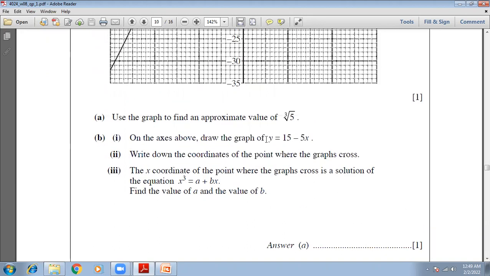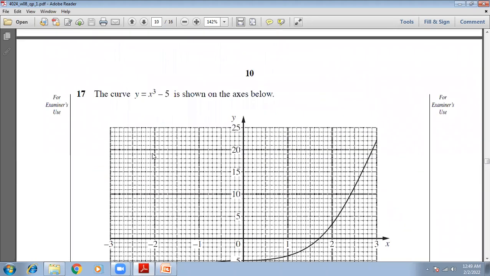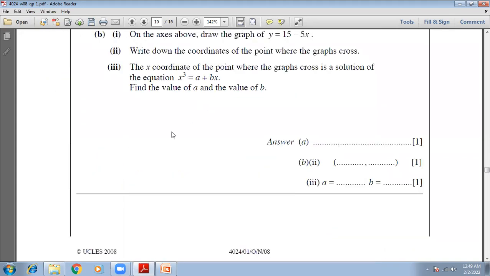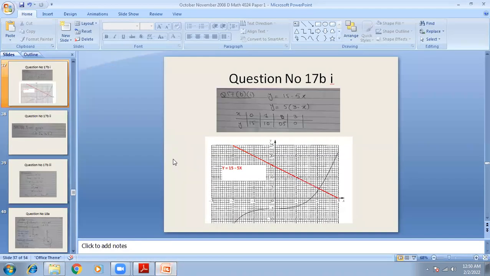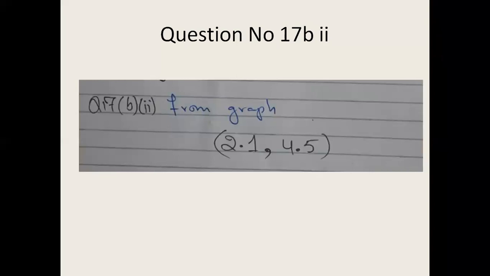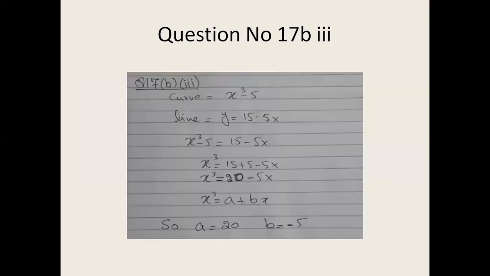One is for the linear line, y equals 15 minus 5x, and another whose graph is there, y equals x cube minus 5. From the graph I can tell that point is 2.1 comma 5.4.